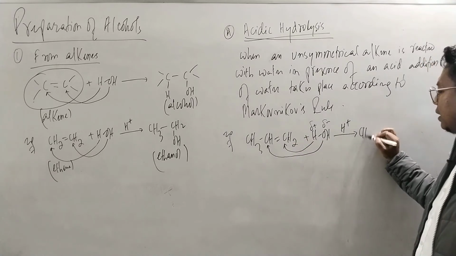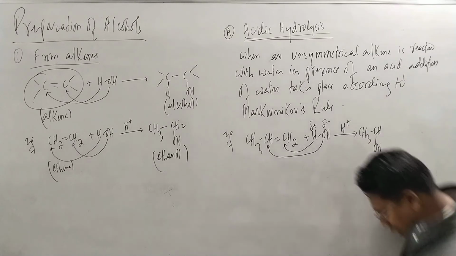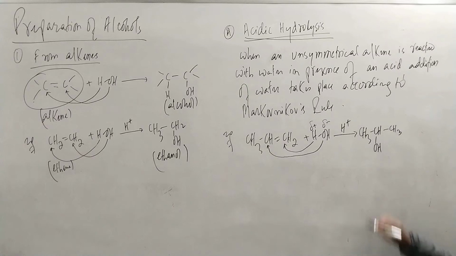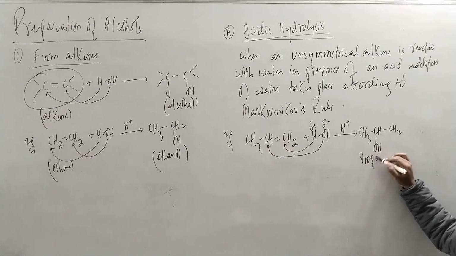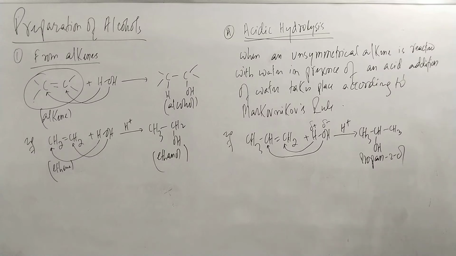So we will get CH3CHOHCH3, propan-2-ol. This will be our major product.